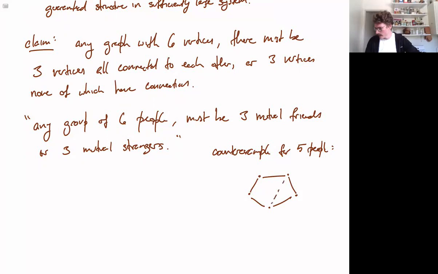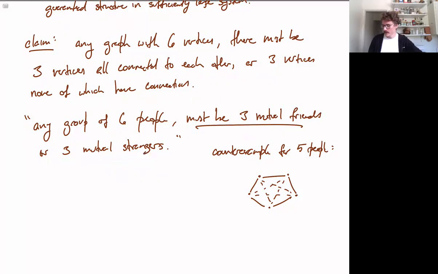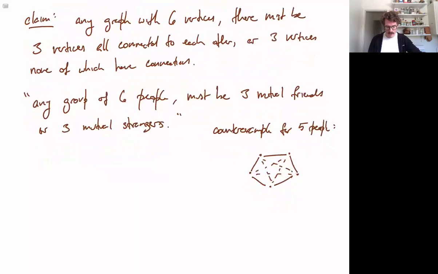And it's not quite as clear with leaving them out, so let me dot them in. There is also no triangle of dotted lines, which means that there are no three mutual strangers. So this is an example where you don't have this property. This is why it's not obvious. So the claim is that if you have 6 people, you always will have either 3 mutual friends or 3 mutual strangers. So let's prove this.